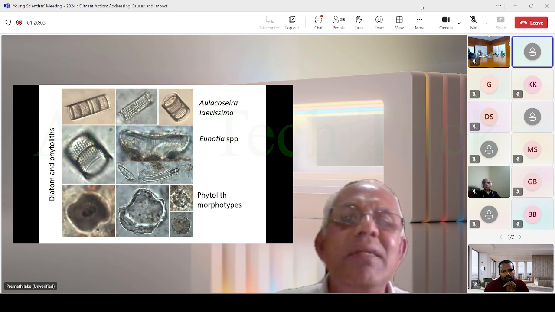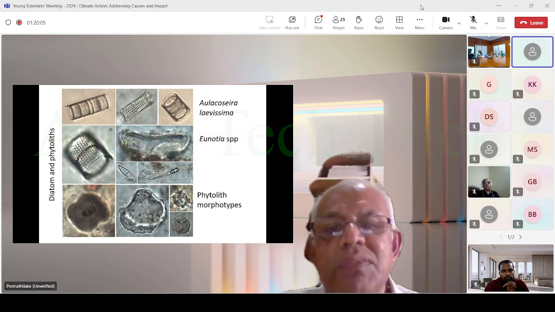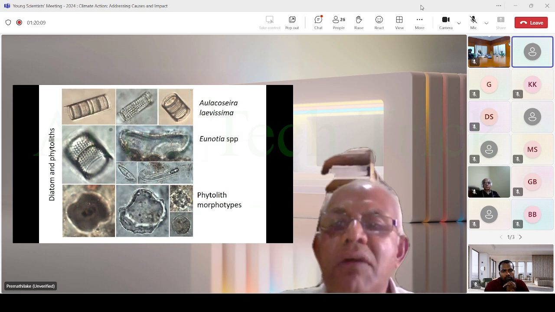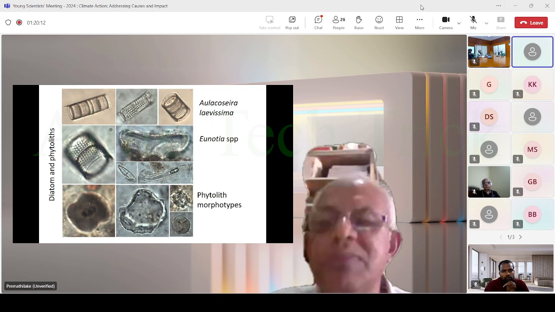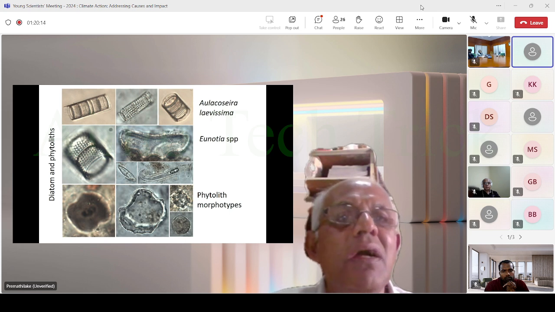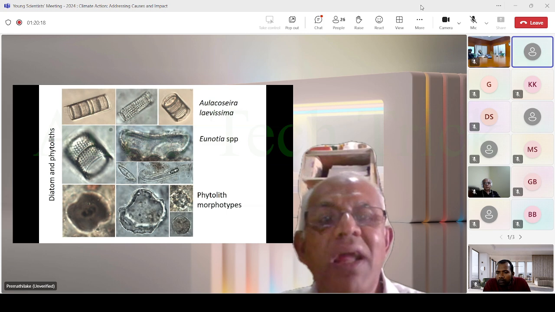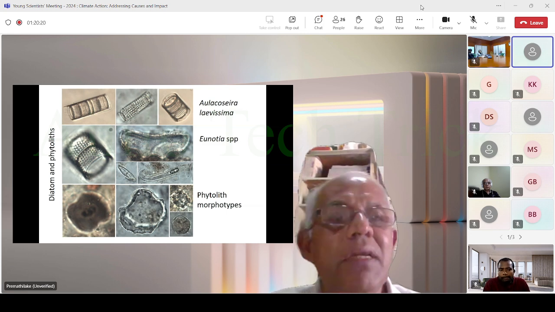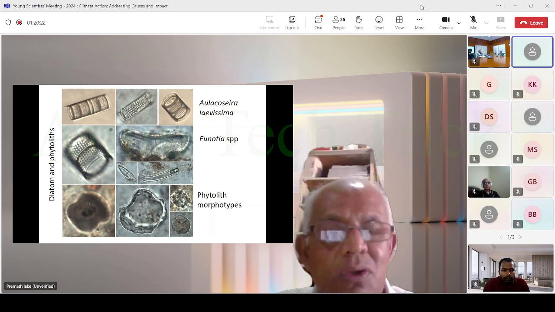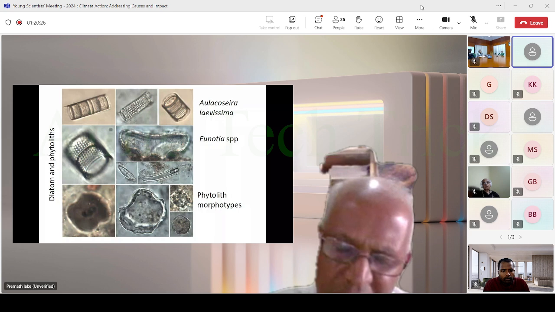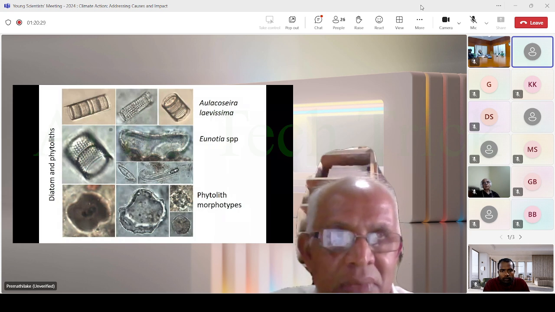Besides that, another proxy we use is the diatoms. The diatoms also give some information about climate change. We found a number of different diatoms in our samples, our cores, like Aulacoseira luvissima, which is one of the key diatoms we found. They are planktonic diatoms. Besides that, Eunotia and some other types of diatoms also prefer wet conditions or a wet environment, or certain humidity.